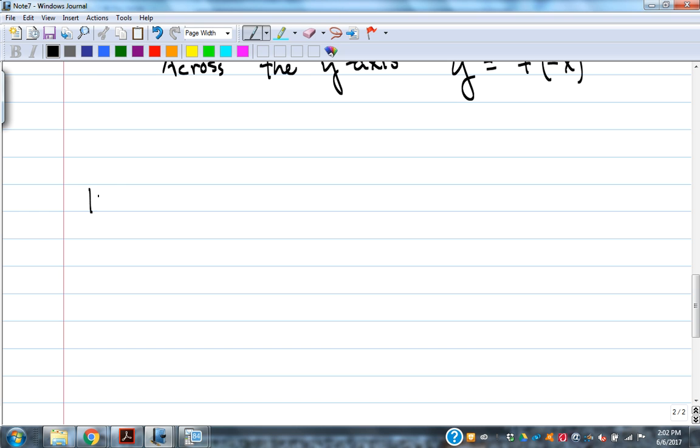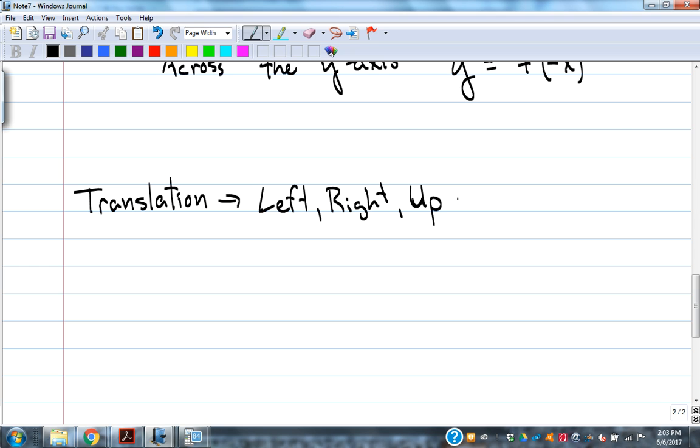The last type of transformation is a translation. A translation is fancy words for moving left or right, up or down. That's a translation. Okay? Left, right, up, or down.